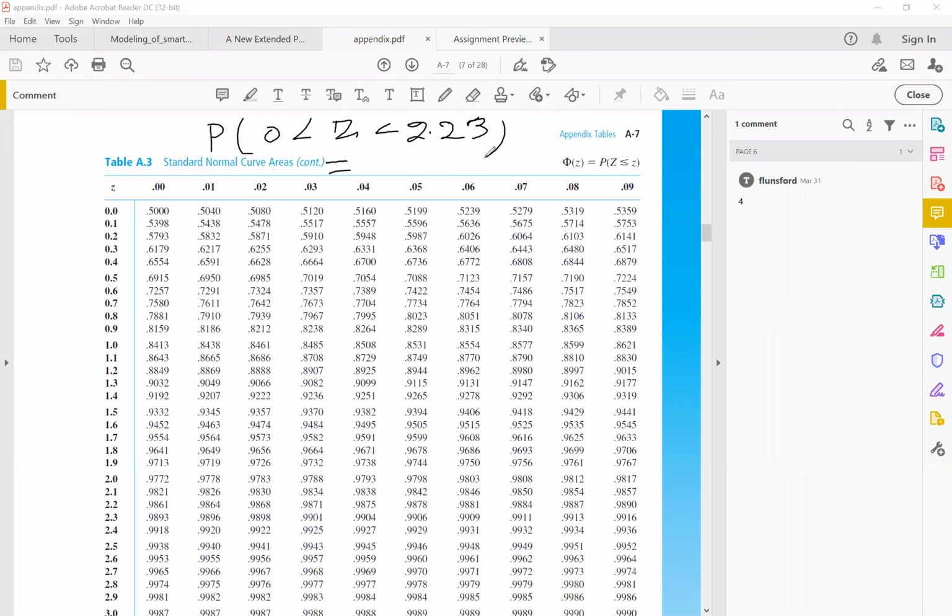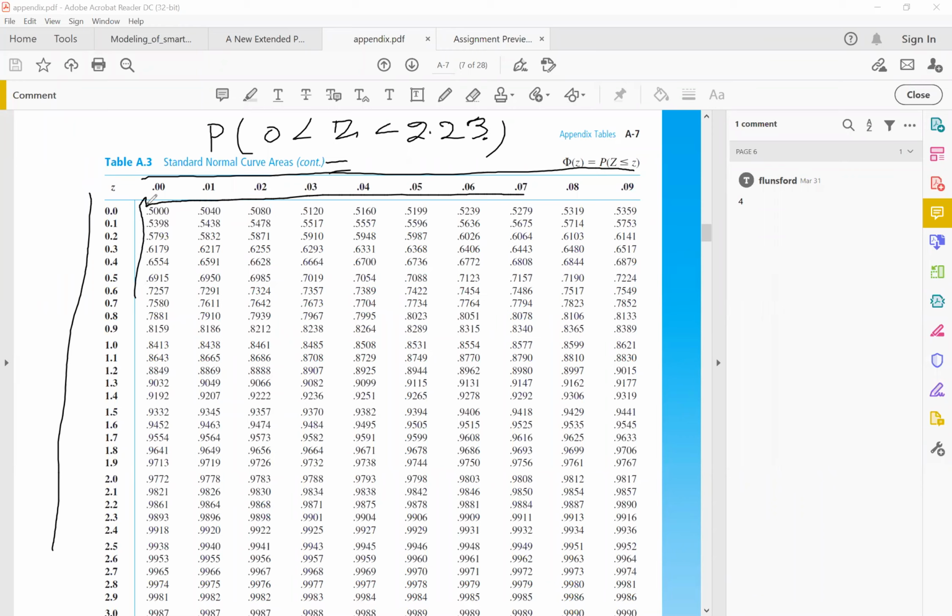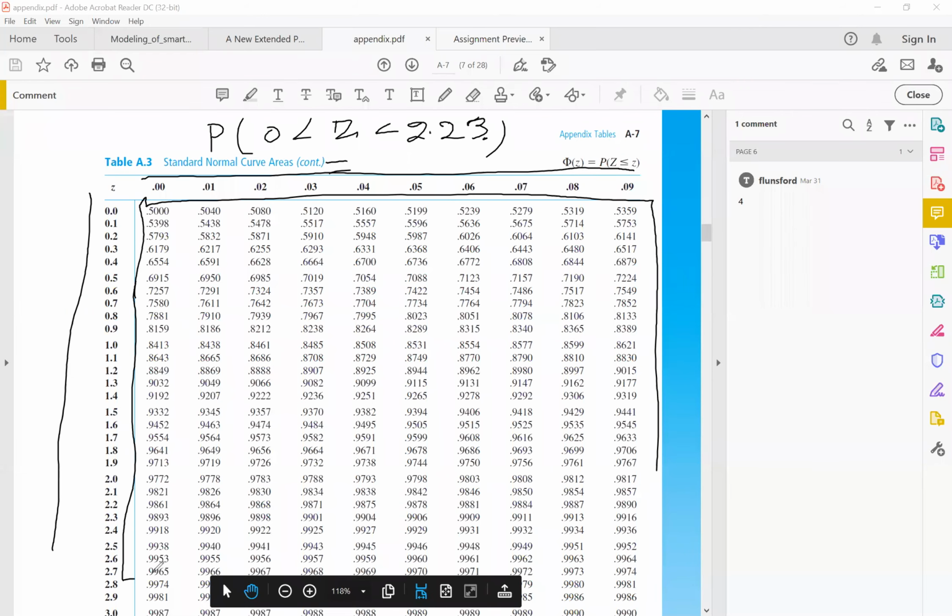So first you have to look at this number, then find the probability. These values are Z and these values are Z, and the values inside the chart are the area or the probability. So this is the Z score. The first one is 0.0. This is also 0. So this is the probability for 0. When Z is equal to 0, the probability is 0.5.